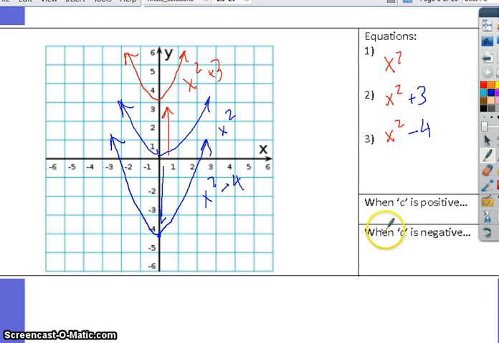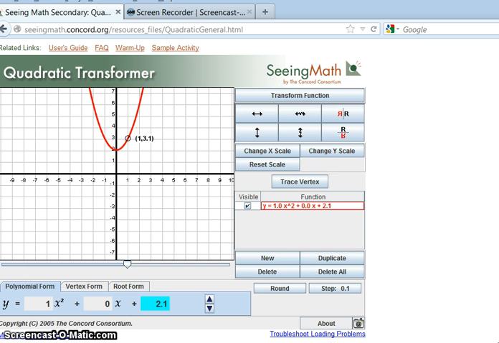All right, so when c is positive, you move the whole parabola up, and when c is negative, you move the whole parabola down. So here are the total number of possibilities. Pause here because I'm about to show you all the different possibilities. Let me move back so that c is 0.